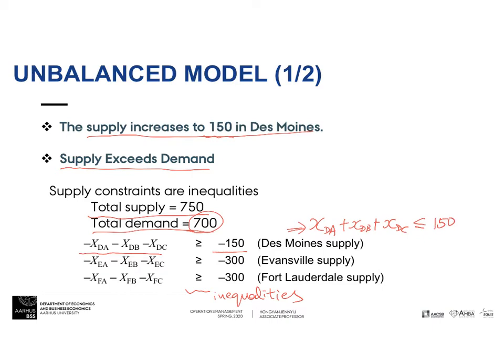So similarly for the next one, XEA plus XEB plus XEC, less than the capacity in this factory, and XFA plus XFB plus XFC less than 300.